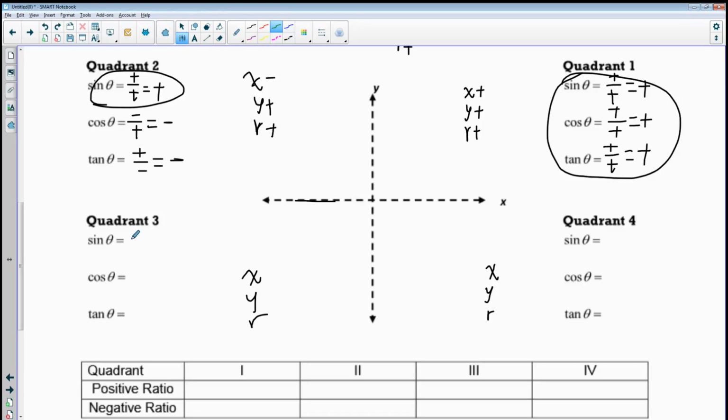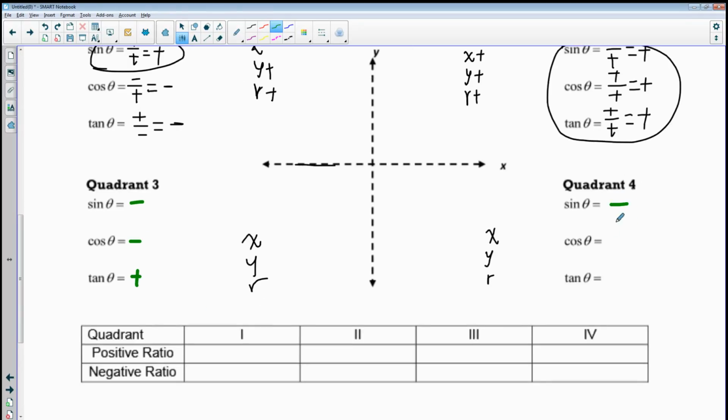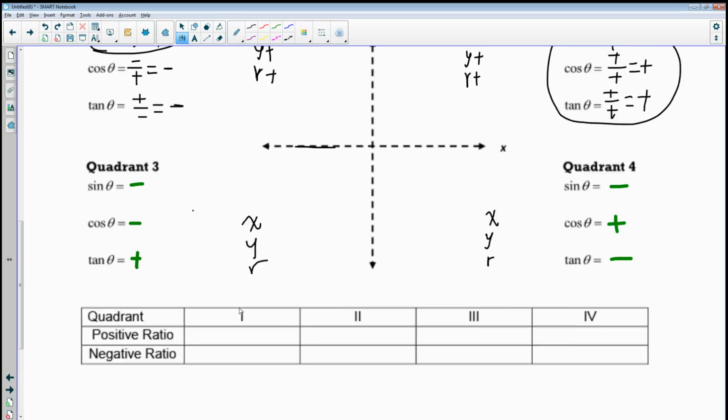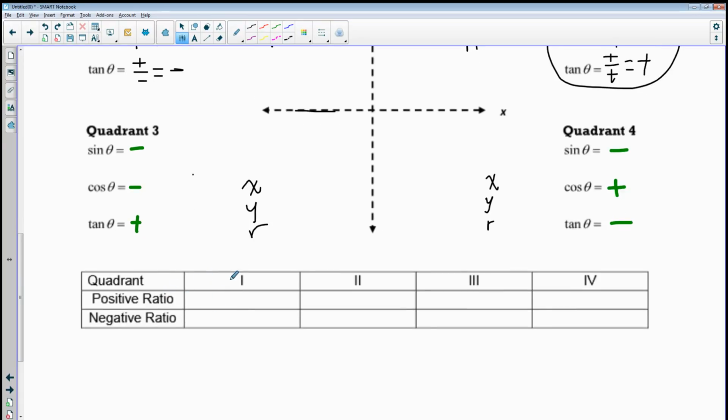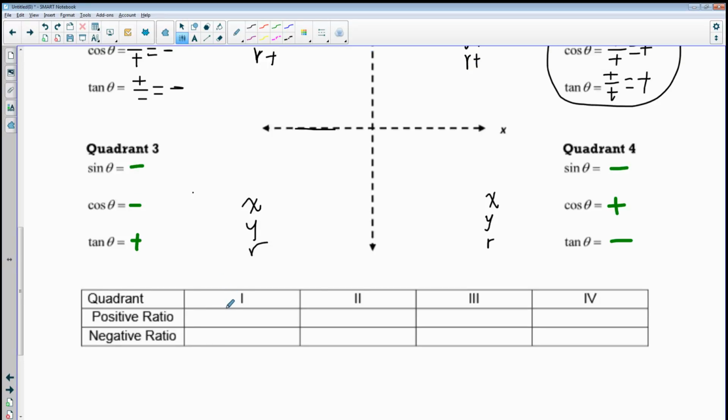But I can tell you here, in quadrant 3, sine is negative, cosine is negative, tangent is positive. Quadrant 4, sine is negative, cosine is positive, tangent is negative. Just speeding it up a little bit. So to put together a summary, I'm going to use S for sine, C for cosine, and T for tangent. Then what ratios are positive in quadrant 1? Well, all of them. None are negative.